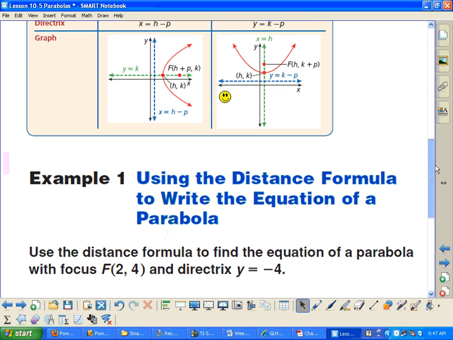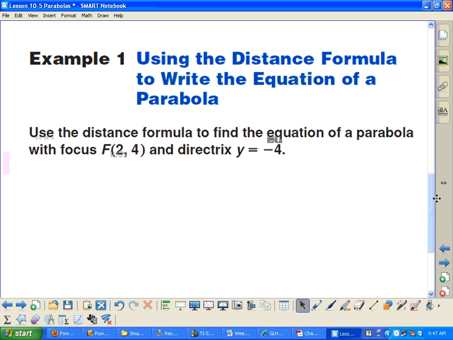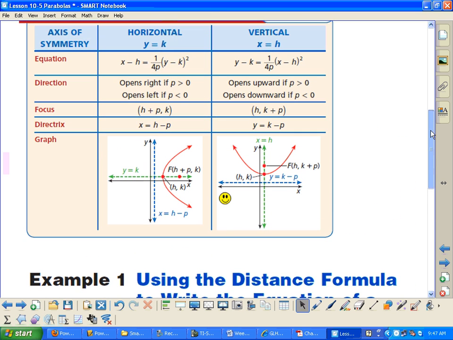Here it says using the distance formula to write the equation of a parabola, but we're not going to use the distance formula. We're just going to go ahead and use the fact to find this stuff right here.